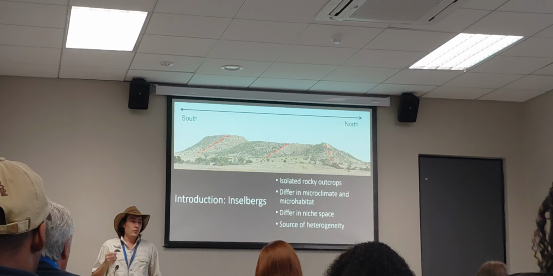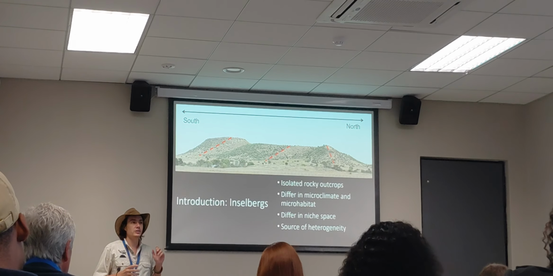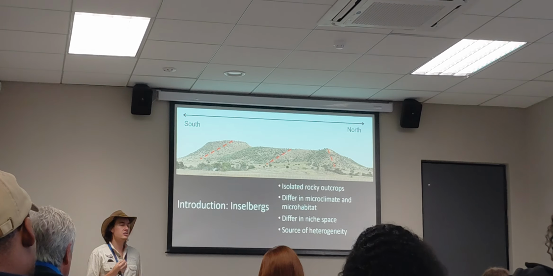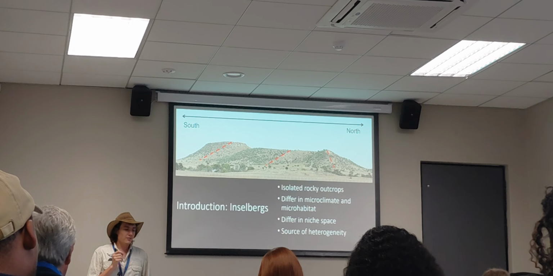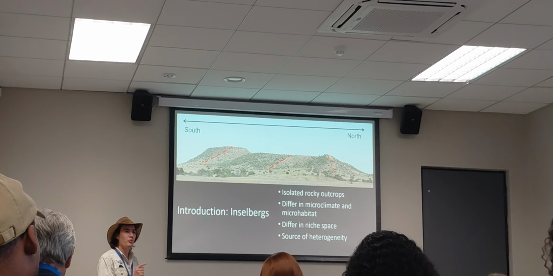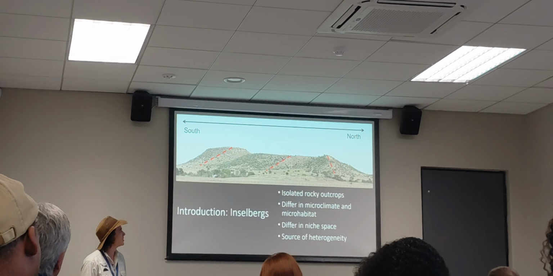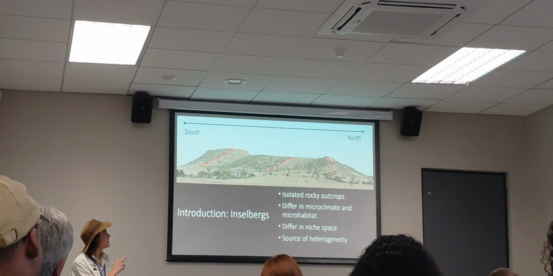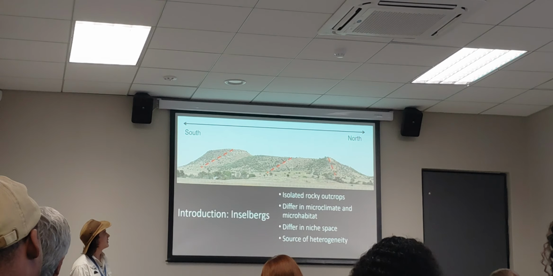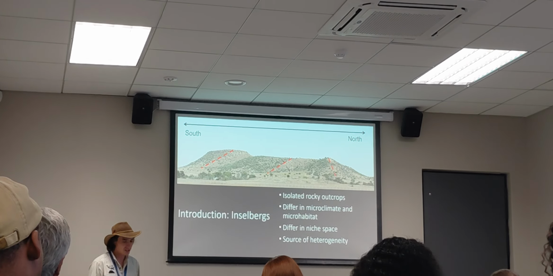These inselbergs differ quite largely from the surrounding areas. As you'll find throughout the Free State, these inselbergs have a lot more woody vegetation than the surrounding area. And very interestingly, you'll find more woody vegetation on the southern slopes than on the northern slopes, as you can see in this picture here, where the red dotted lines are the ridges, and the green side of the inselberg is your southern side, and the not so green side is the northern side.